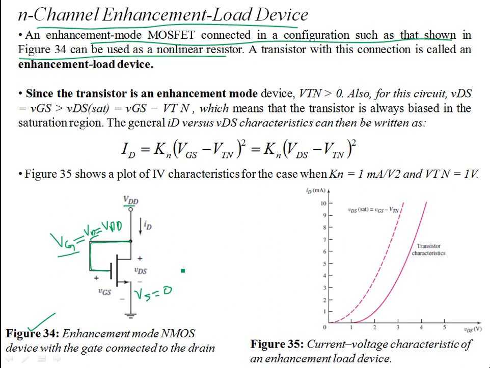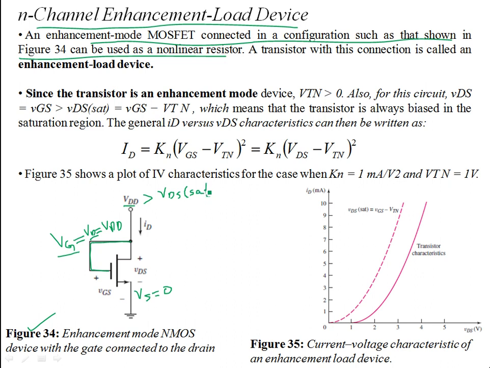Now if you have VDD greater than VDS sat, the transistor is always in saturation region. It supplies a constant ID current.